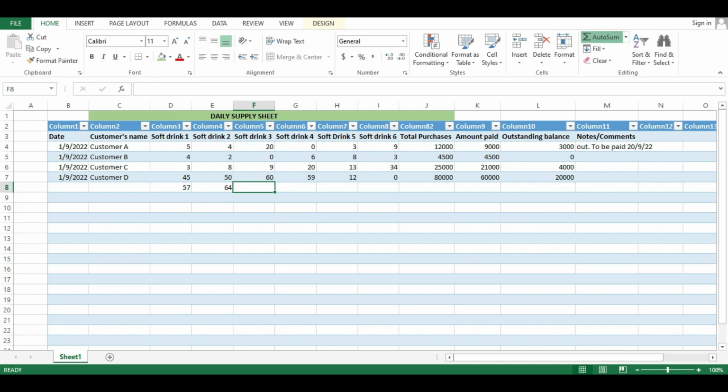Would give you the total of all products you've sold, and the auto sum here will give you the total of this should be total sold.